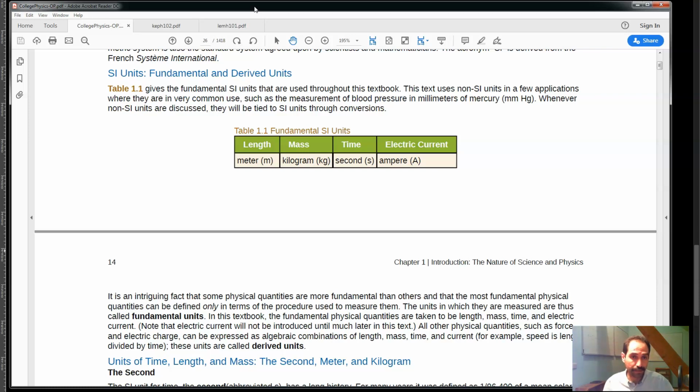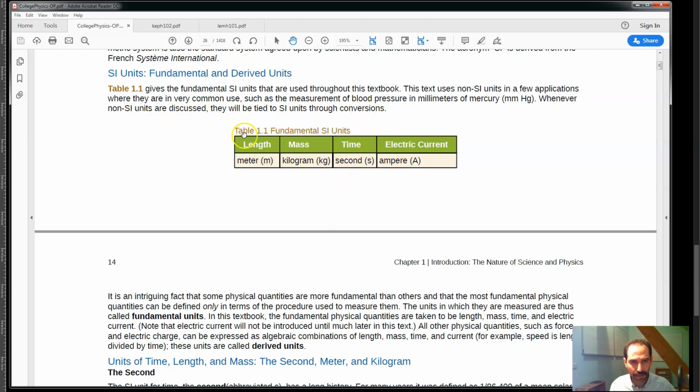Table 1.1 gives the fundamental SI units that are used throughout this textbook. This text uses non-SI units for a few applications where they are very common, such as the measurement of blood pressure in millimeters of mercury. Whenever non-SI units are discussed, they will be tied to SI units through conversion.